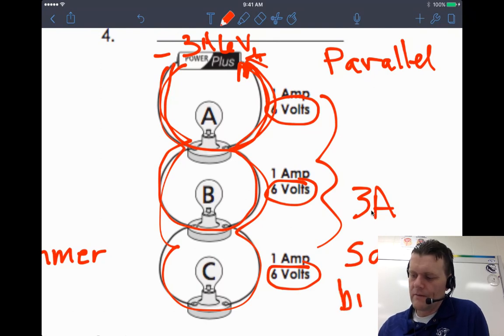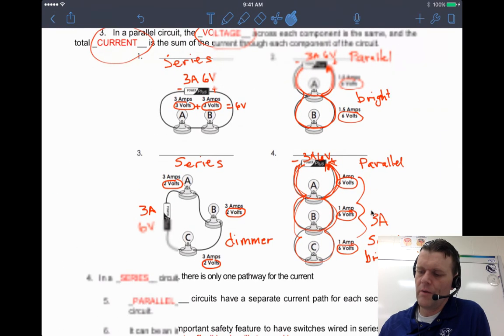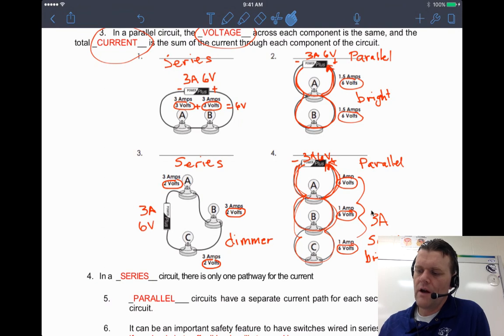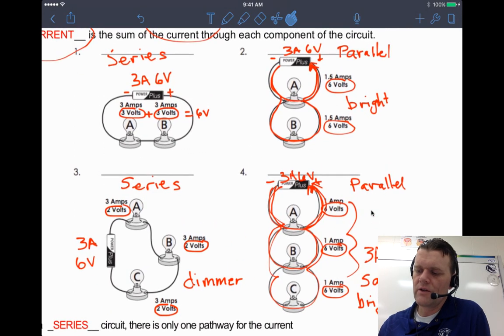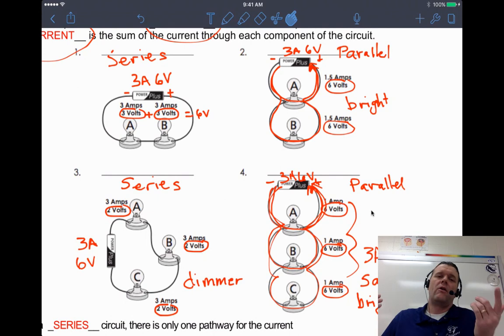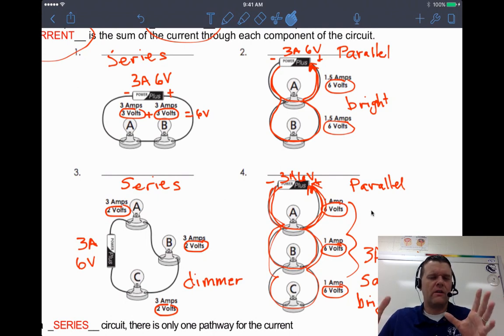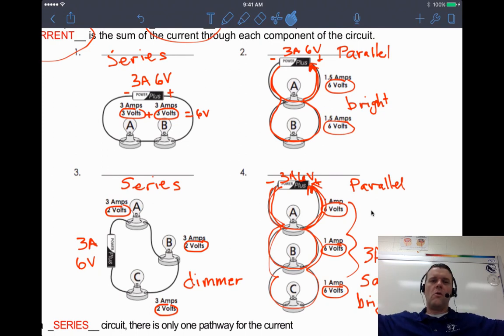And as noted in the notes, there are advantages to both of these types of circuits. The majority of the circuits in your home are wired in parallel. And it's obvious if you think through that for a minute, because if one light bulb goes out in your house, all the light bulbs don't go off. Each light bulb is usually part of a parallel circuit.